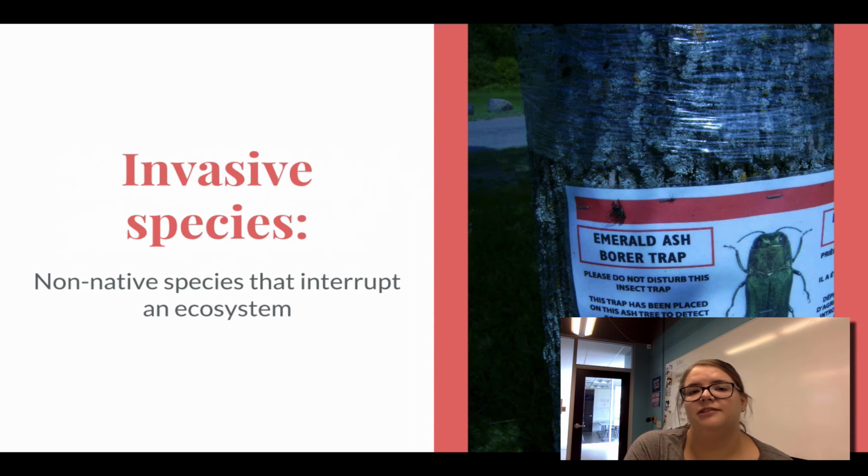So invasive species can be really dangerous. This is why you shouldn't move firewood. This is why ships have to empty out where they hold water before they switch into a new lake or a new river, because they're carrying things that are not native to the area. And because they don't have a predator, they just take over.